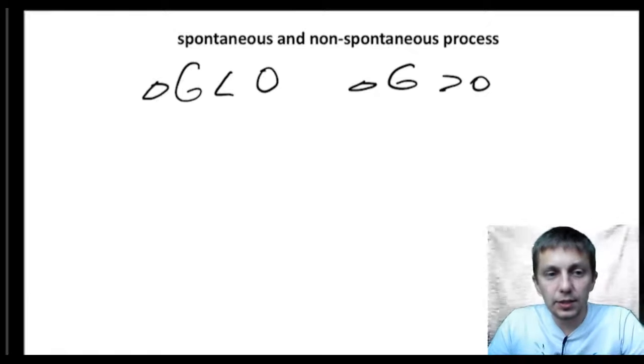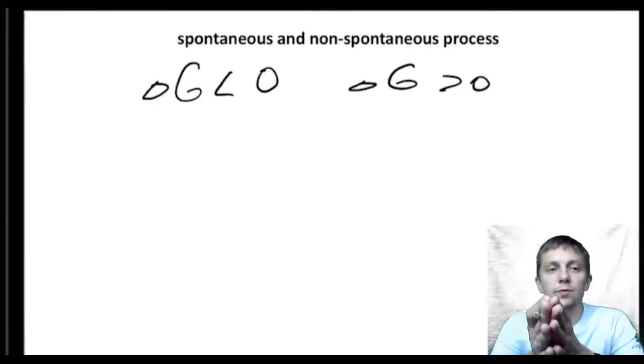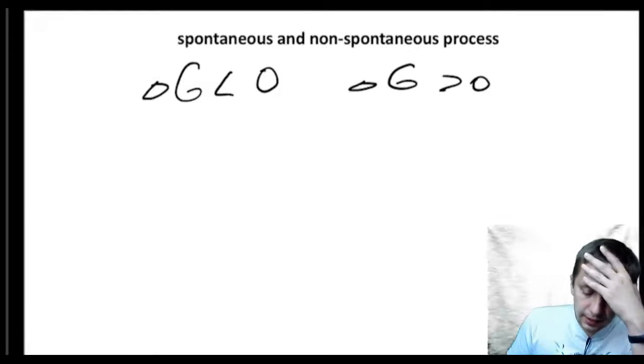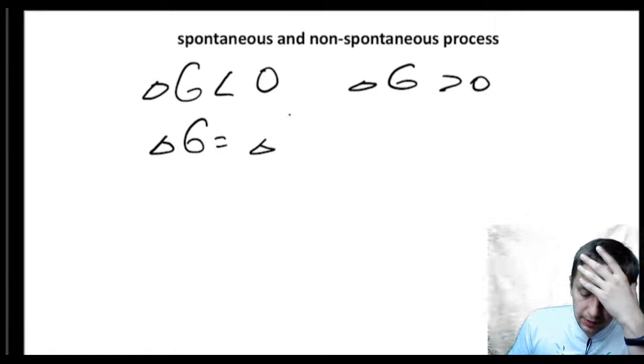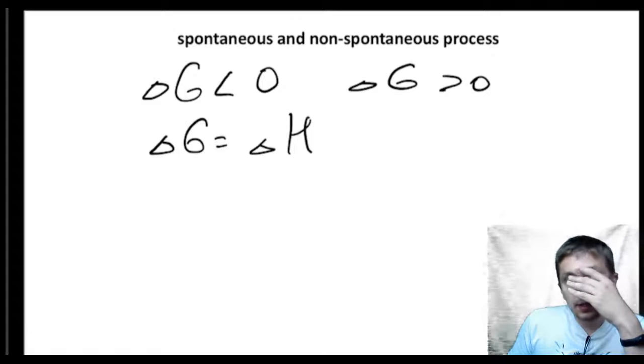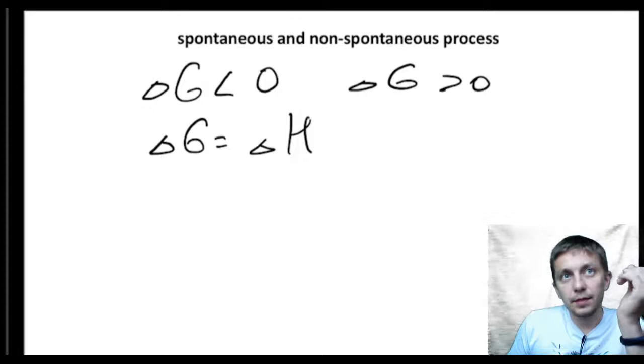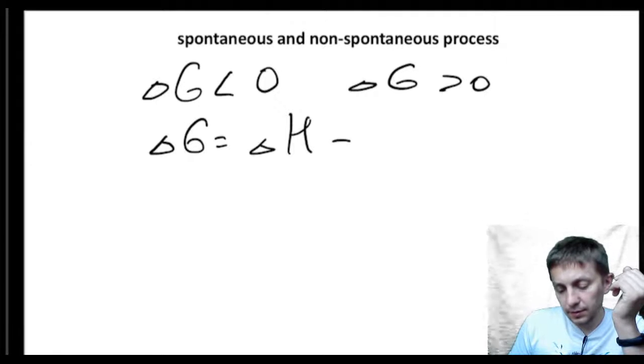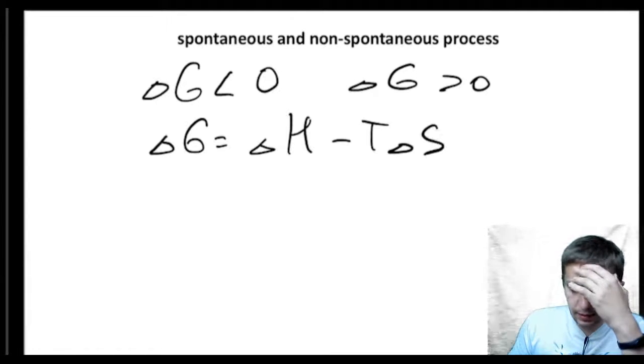And Gibbs energy consists of two parts: delta G equals delta H minus T delta S.